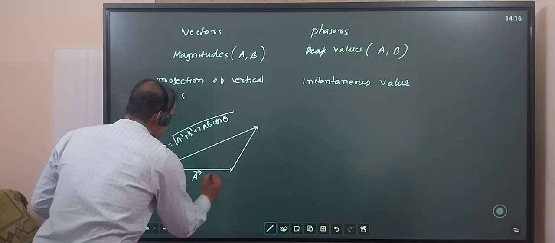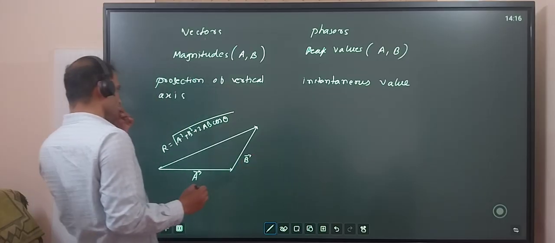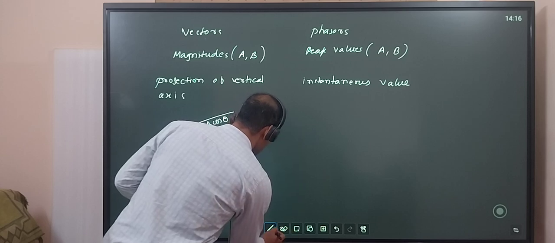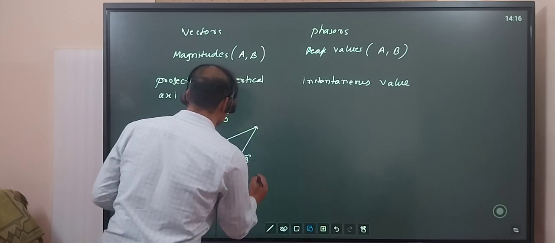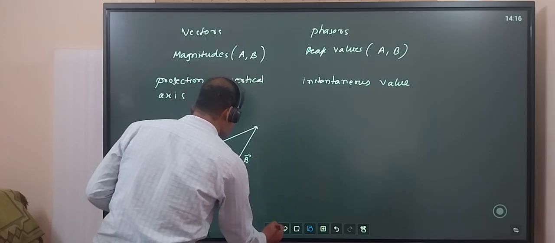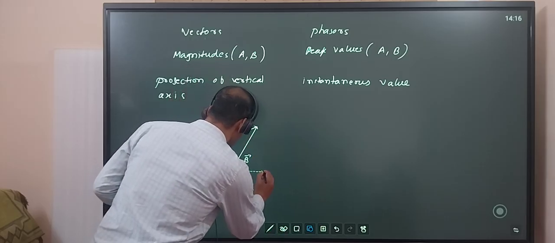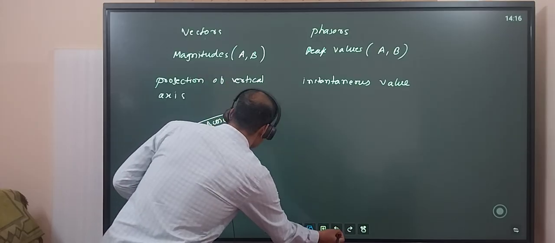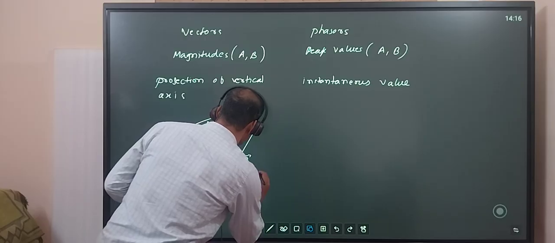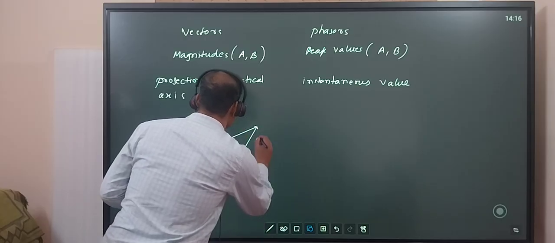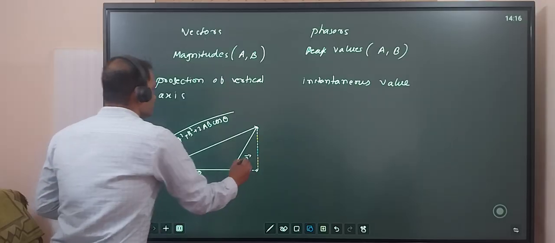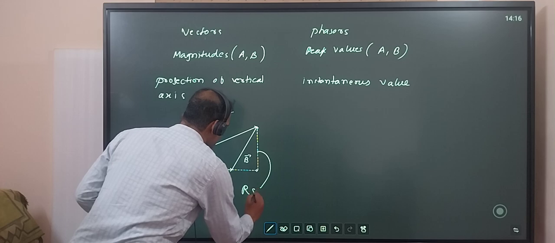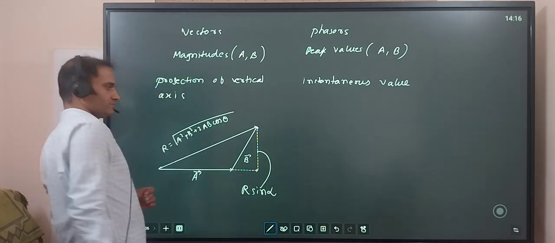This is vector A, this is vector B. And the projection, I will show with some dotted line, this projection is R sin alpha.